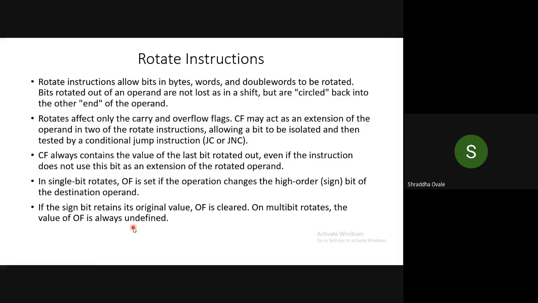Then in single bit rotates, OF, that is the overflow flag, is set if the operation changes the high order sign bit of the destination. And if the sign bit retains its original value, then your overflow flag is cleared.